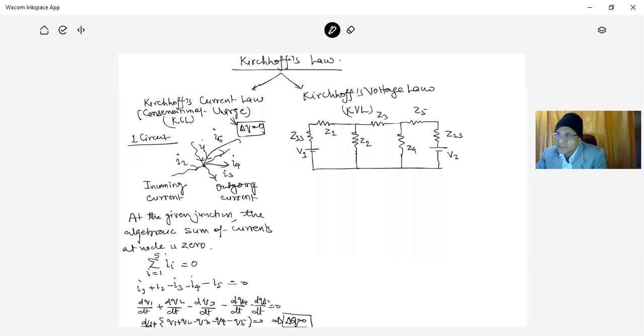So the current is flowing in the clockwise direction, and the current in this is I1, here it is I2, and this current is I3. This is mesh 1, this is mesh 2, and this is mesh 3. There are 3 meshes.